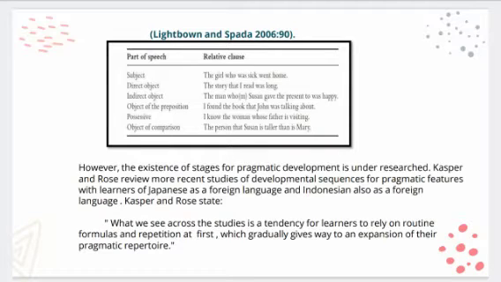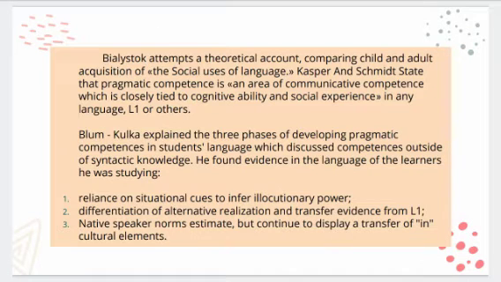This is the part of speech and relative clause from Blackburn and Spada. Can you see? However, the existence of stages for pragmatic development is under-researched. Kasper and Rose review more recent studies of developmental sequence.